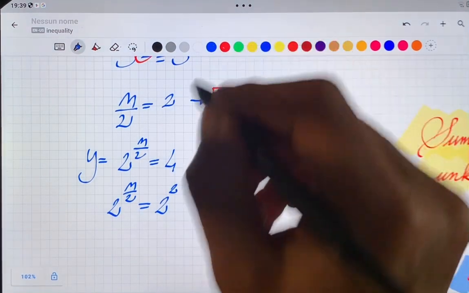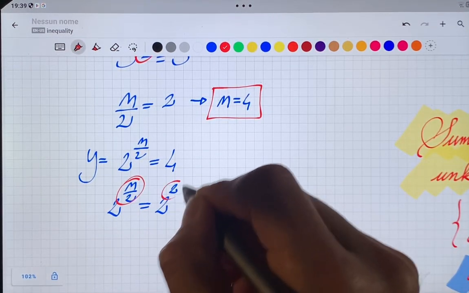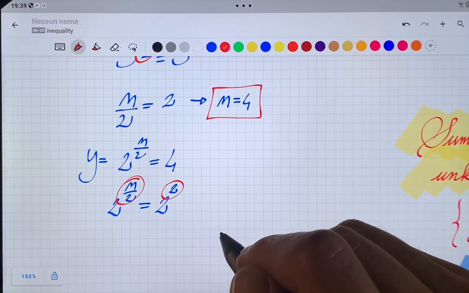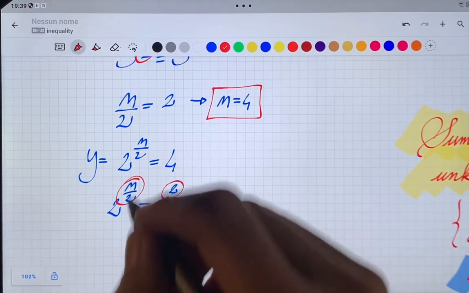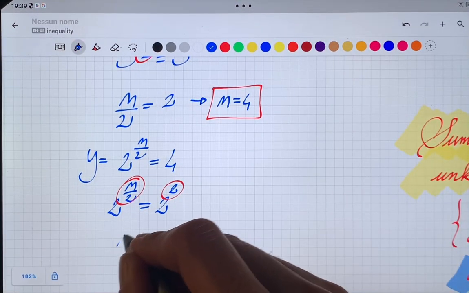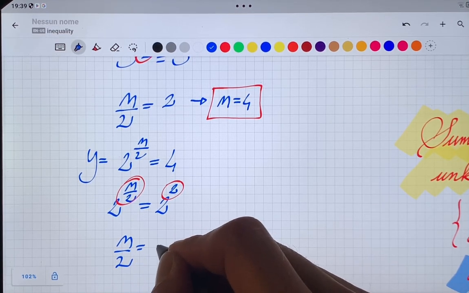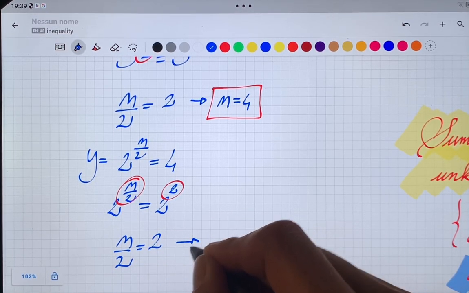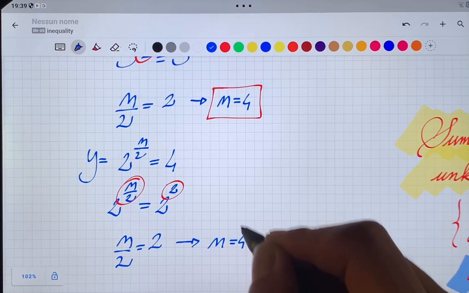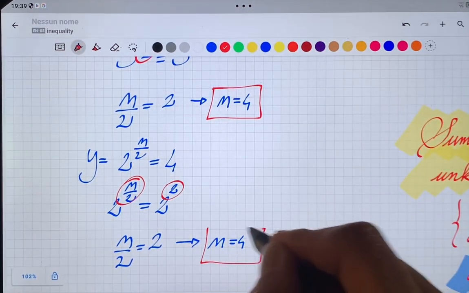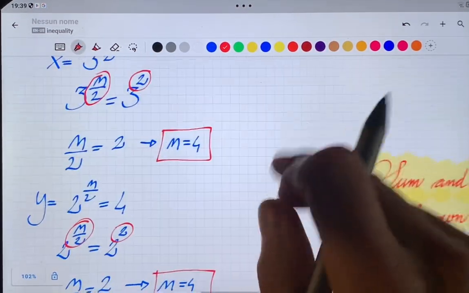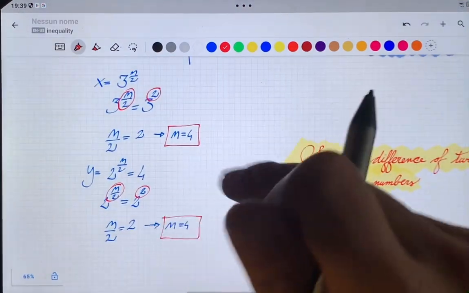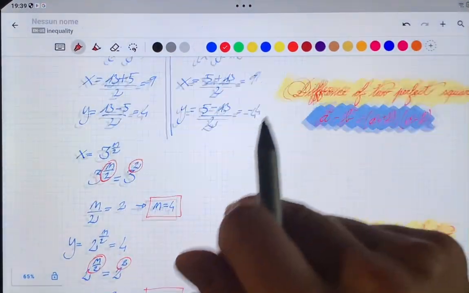And again, these two powers must be the same, so n over 2 must be equal to 2. That means n is equal to 4, and we found the same value. So n equal to 4 is one solution.